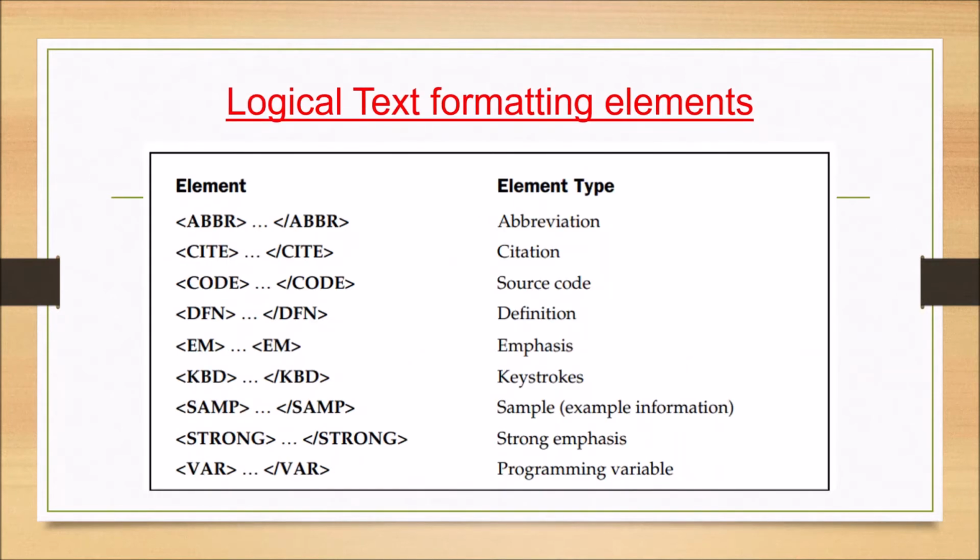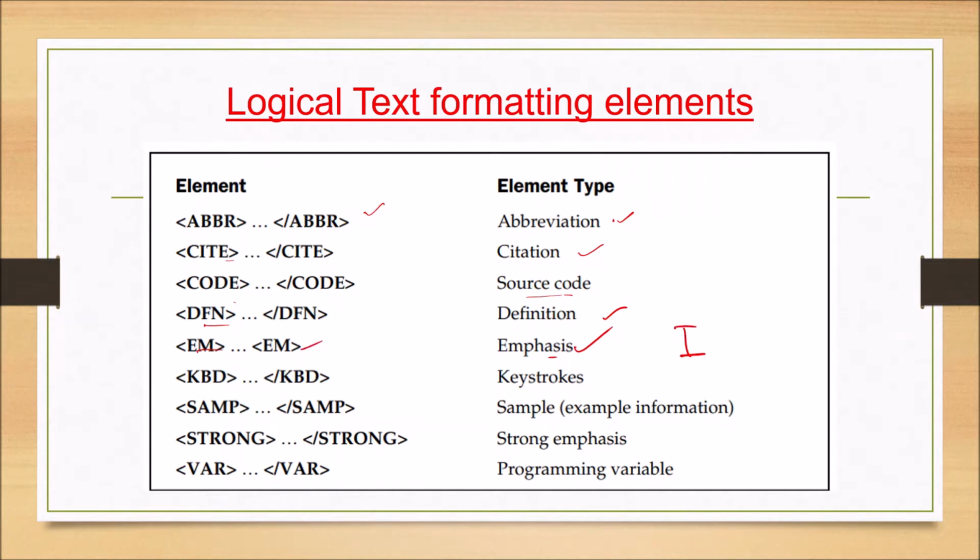Some logical text formatting elements are also there, which are like ABBR, which defines abbreviation, CITE tag, which defines citation, code tag, that is for source code, DFN, that defines definition, EM tag, that is emphasis, and it is similar to italic tag.